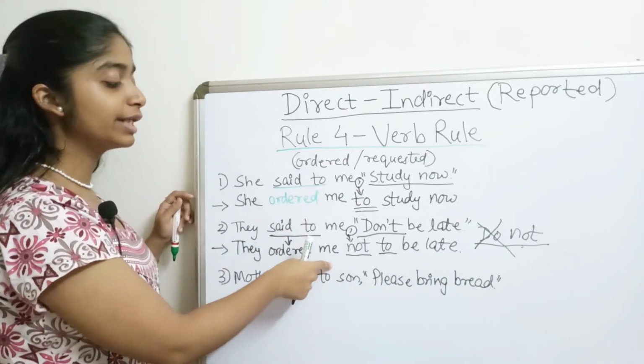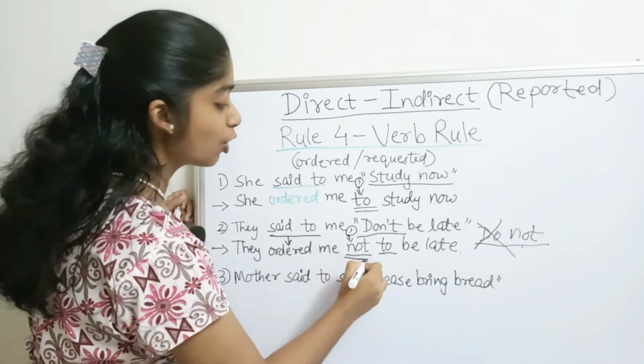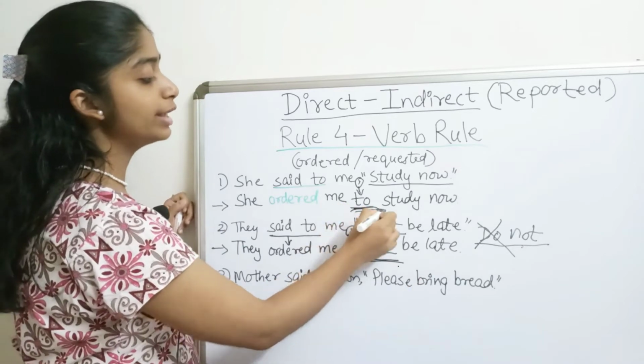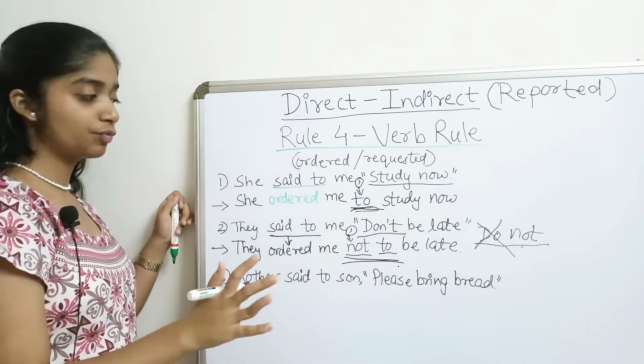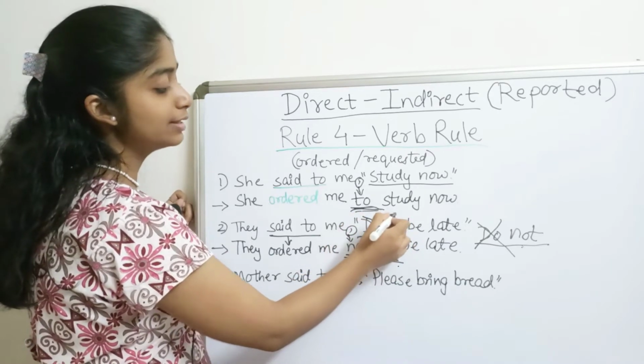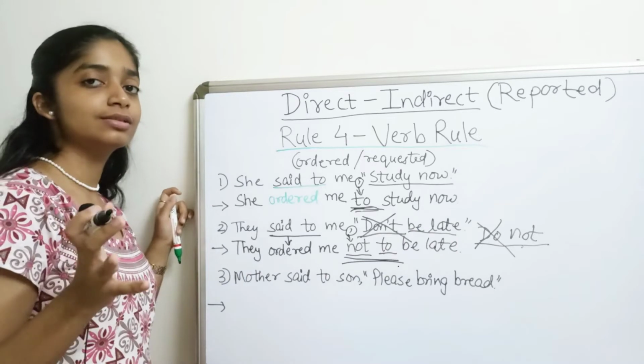In the negative sentence we will write not to. Not to will be written in the negative sentence, in the positive only to. That is the only difference. And if we write not to, we will cancel this word don't and the remaining words will be as it is.